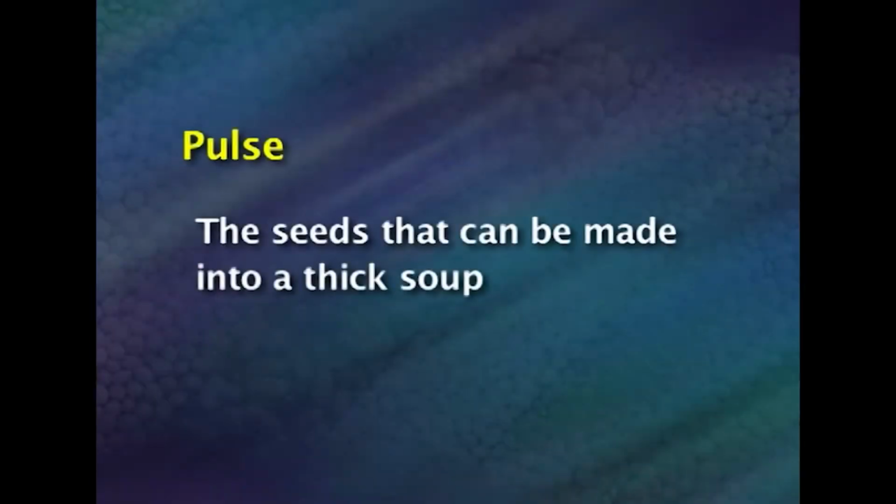However, in common usage, these distinctions are not always clearly made, and many of the varieties used for dried pulses are also used for green vegetables with their beans in pods while young. The word pulse comes from the Latin word puls, which means the seeds that can be made into a thick soup.